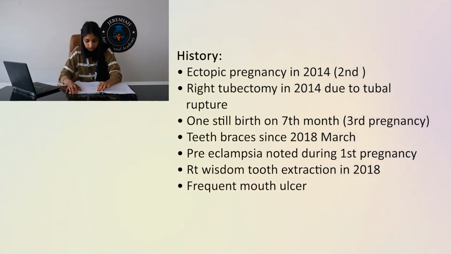The third one is one stillbirth at the 7th month of her third pregnancy, and the next data is teeth braces since March 2018, then preeclampsia noted during the first pregnancy, right wisdom tooth extraction in 2018, and frequent mouth ulcer.